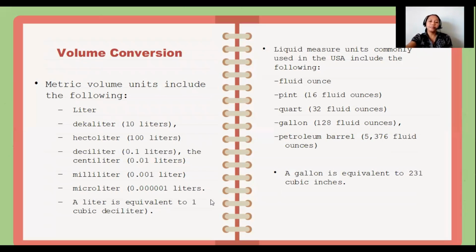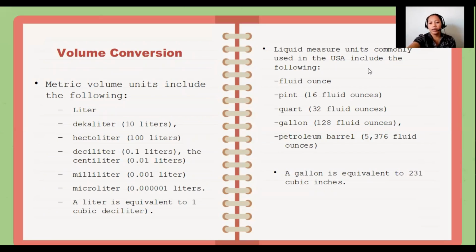Liquid measure units commonly used in the USA include the following. Aside from the volume, we also have the liquid measure units in the USA, which are the fluid ounce, the pint, the quart, the gallon, and the petroleum barrel.